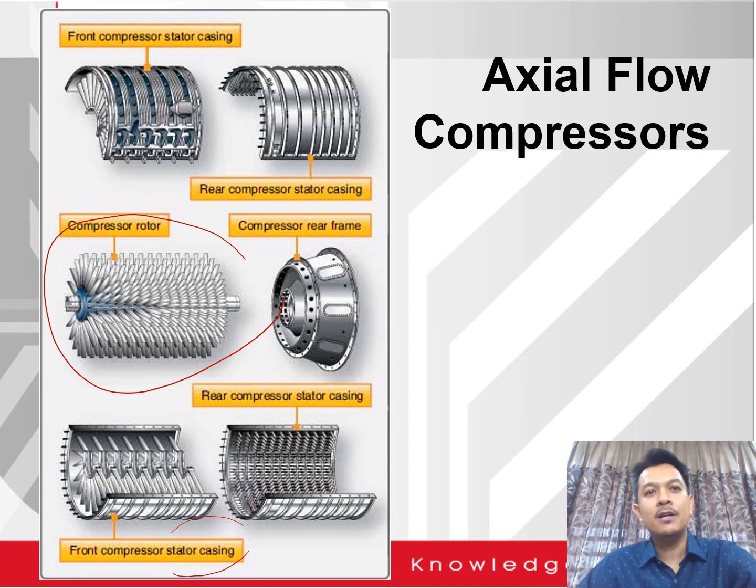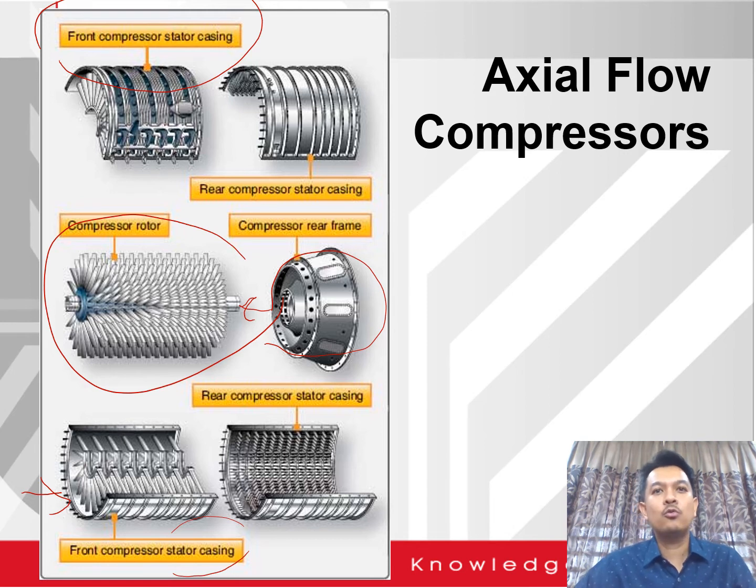You have the lower front compressor stator casing and the upper front compressor stator casing, and you normally connect the compressor rear frame to the end of the compressor rotor, and you also have the rear compressor stator casing, upper as well as lower. So this is the upper and this is the lower.